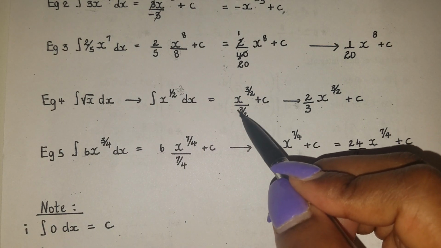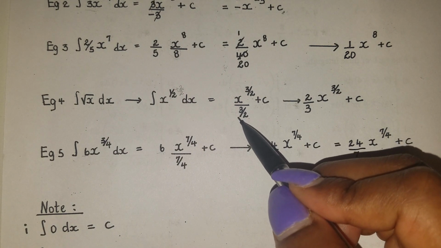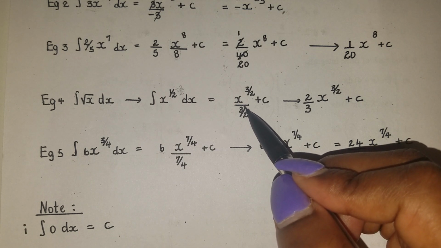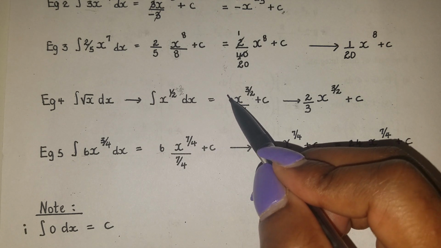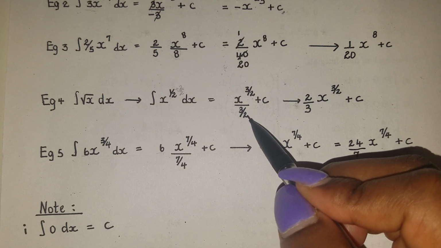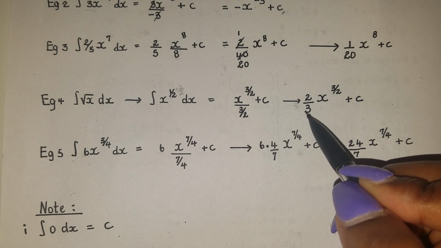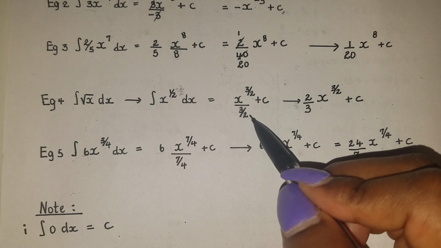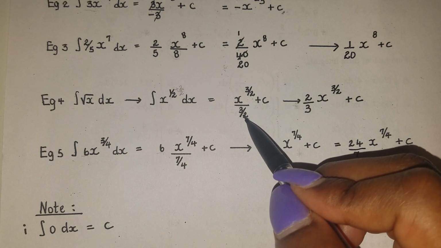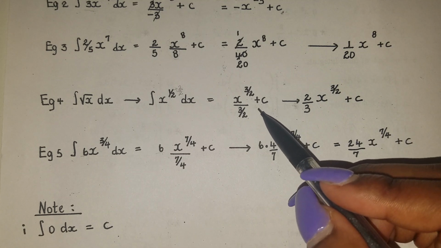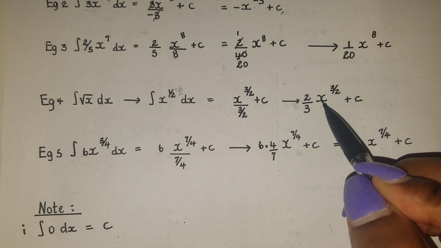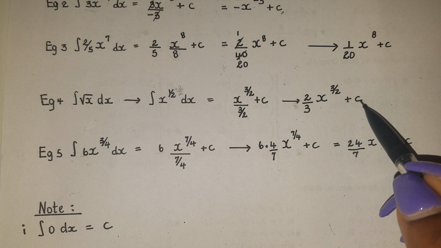And I divide by that 3/2. Now this can be simplified by multiplying by the reciprocal. So dividing by 3/2 is the same as multiplying by 2/3, which is the upturn of the value we had before. So now this answer becomes 2/3 x raised to 3/2 plus c.